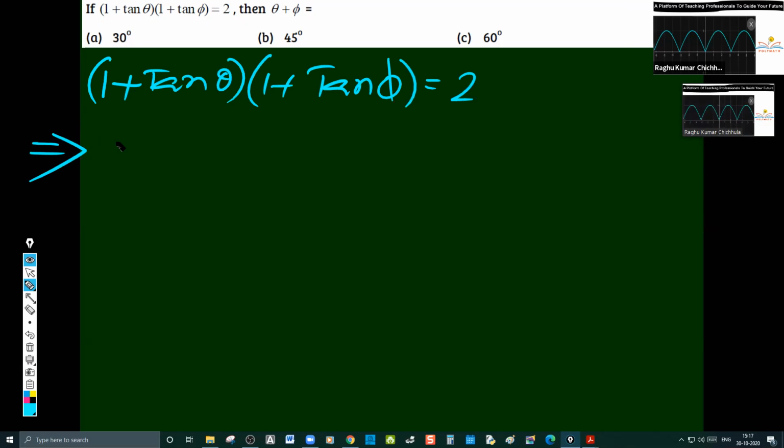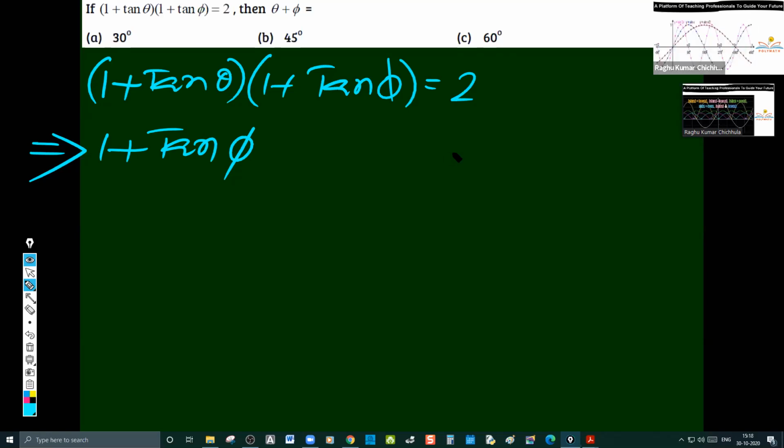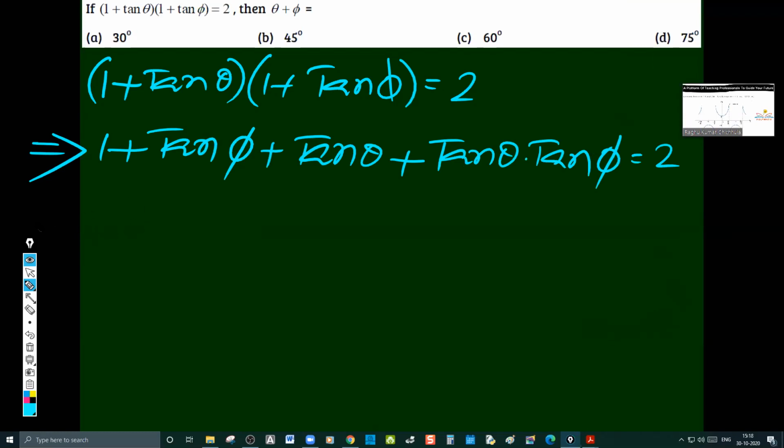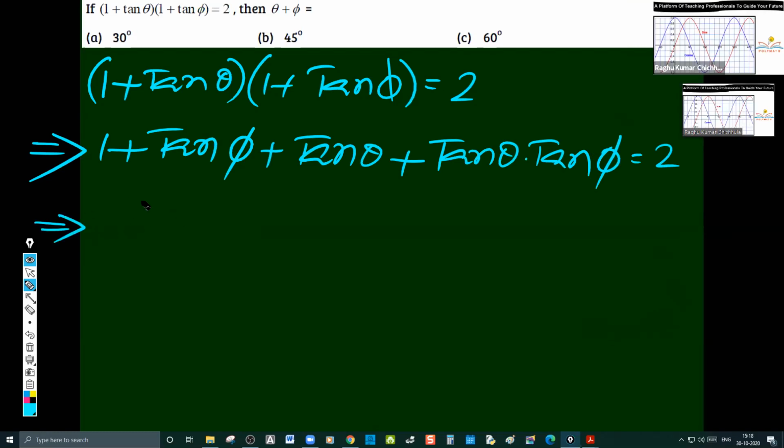Let us expand this. 1 into 1, 1, plus tan phi plus tan theta plus tan theta tan phi is equal to 2, given. Now what will it be?